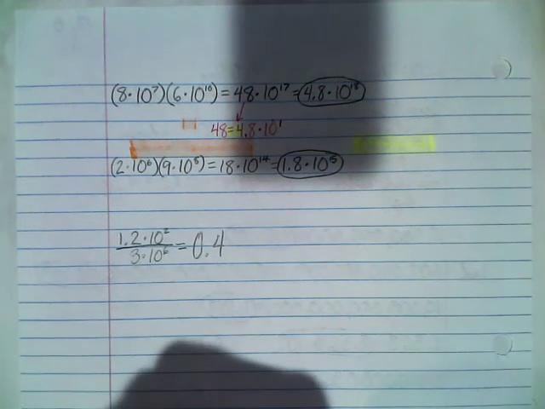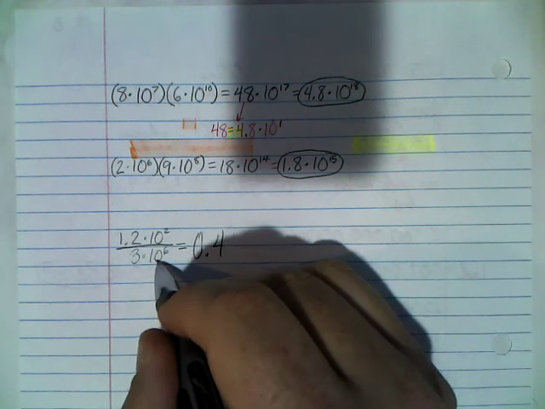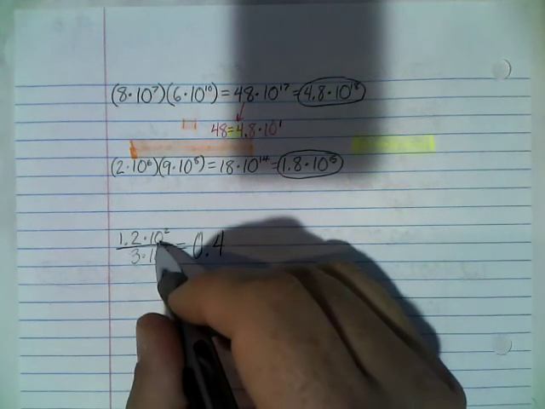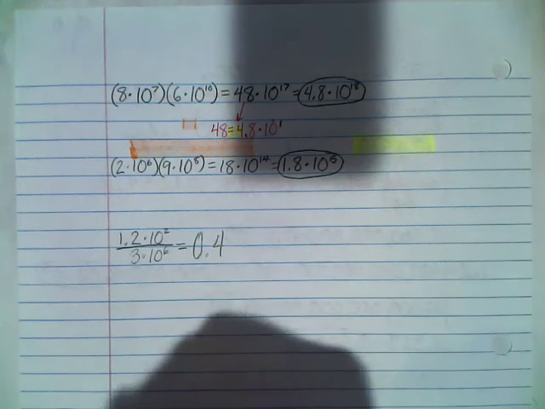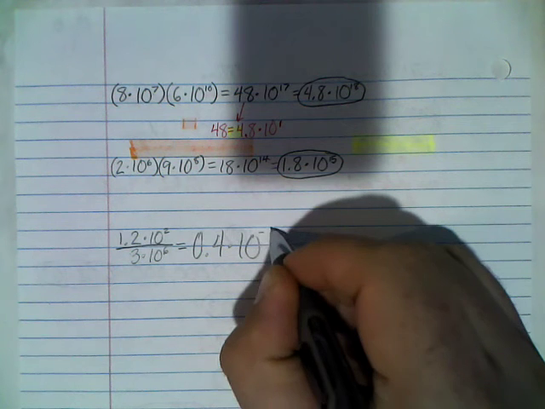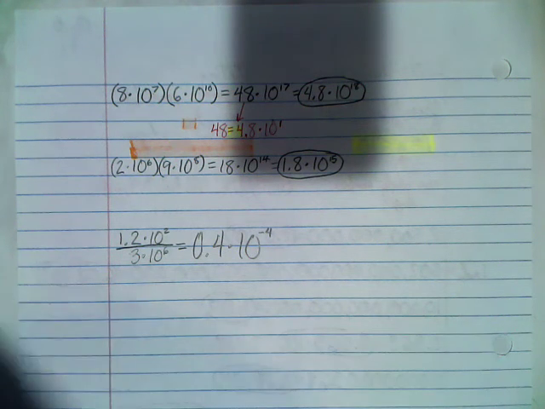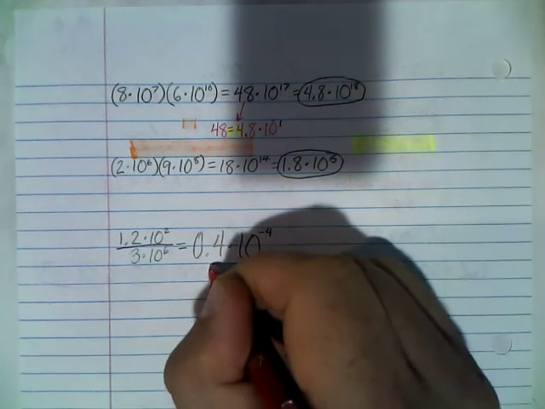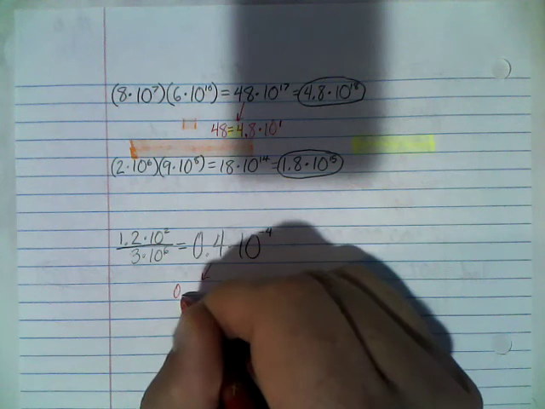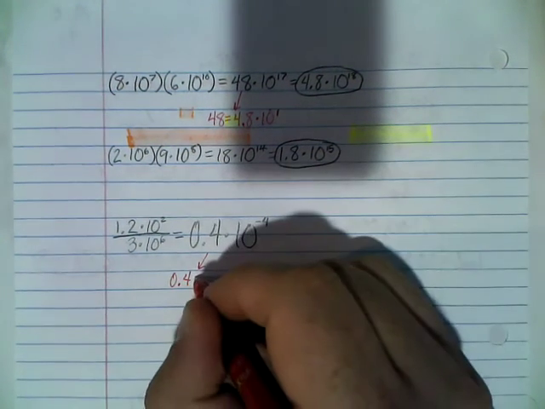0.4 times. A 10 to the 2nd power divided by 10 to the 6th power is going to be 10 to the 2 minus 6 power. Well, 2 minus 6 is negative 4. And similar to what we did last time, we're going to imagine this 0.4, which does not have a single whole number digit, in scientific notation.